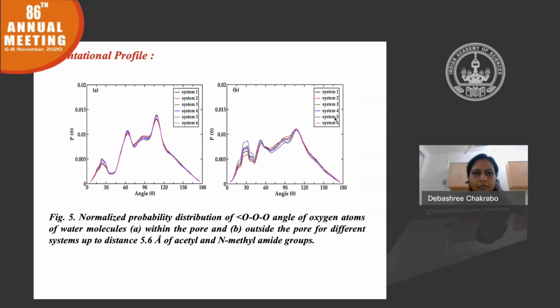These peaks are mainly due to the tetrahedral water molecules, but we also find some peaks near the lower angle. That may be due to the broken hydrogen bonds and bent hydrogen bonds, and that peak is more pronounced in the case of the smaller system. So you can see for the smaller system, the peak height is more pronounced.